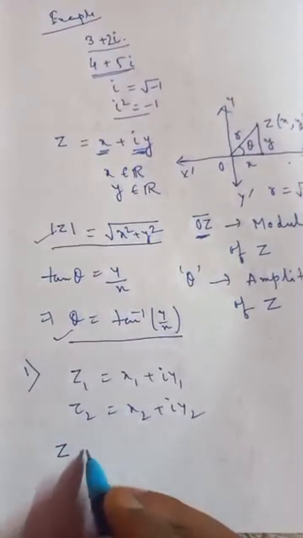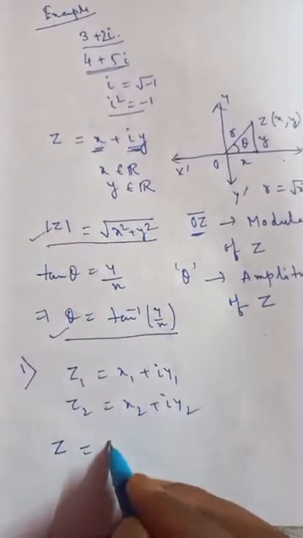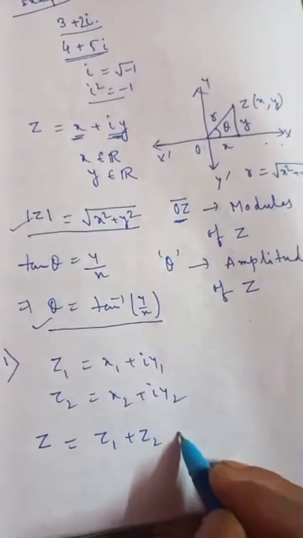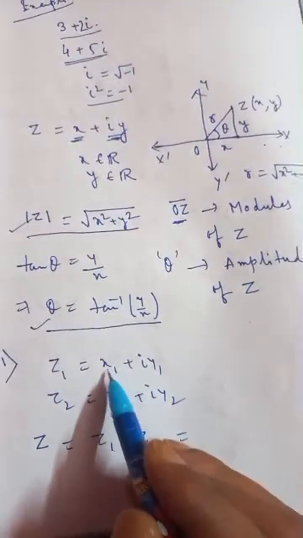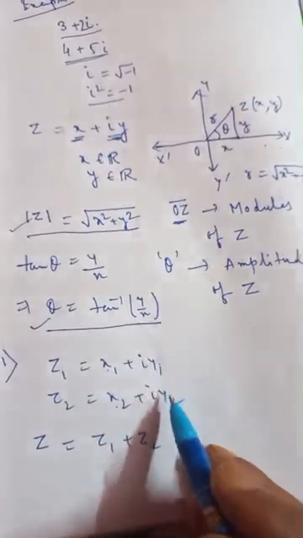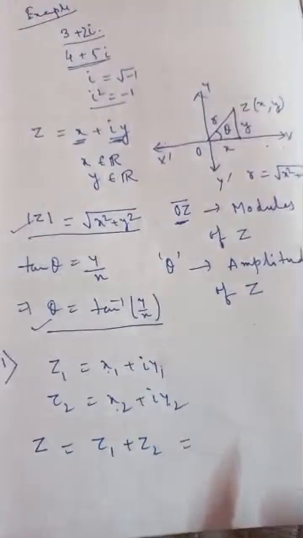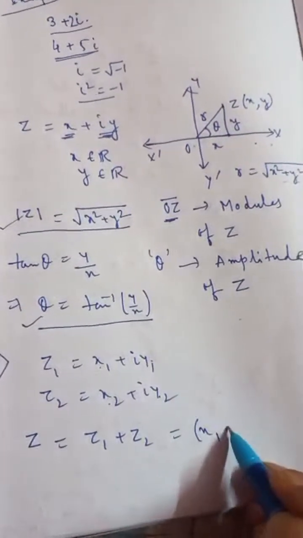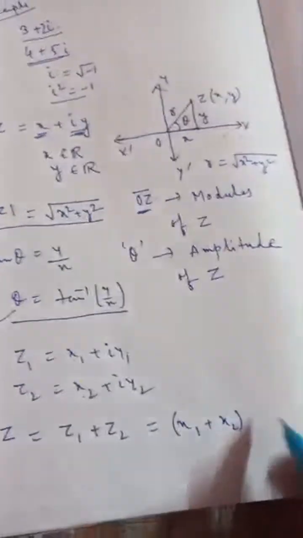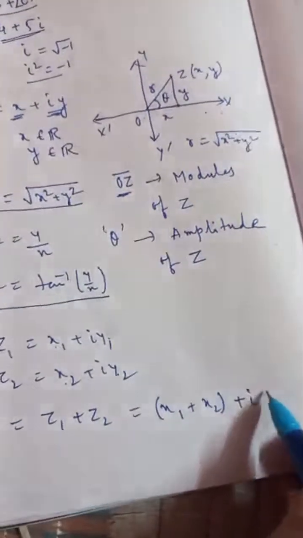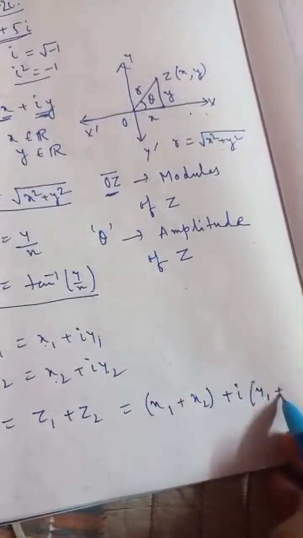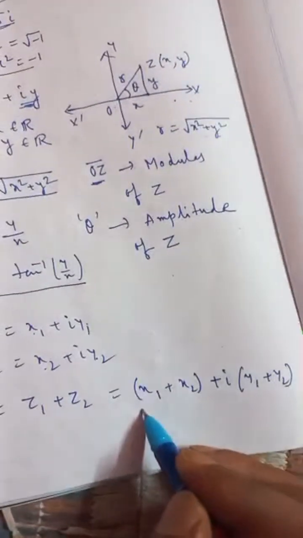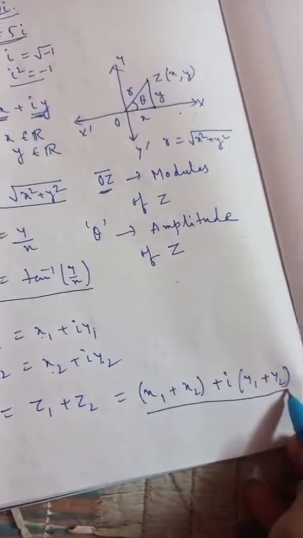Take z equal to z1 plus z2. Here we have to remember that the real part adds to the real part and the imaginary part adds to the imaginary part. So this will be equal to x1 plus x2 plus iota times y1 plus y2. In this way we can add or subtract two complex numbers.